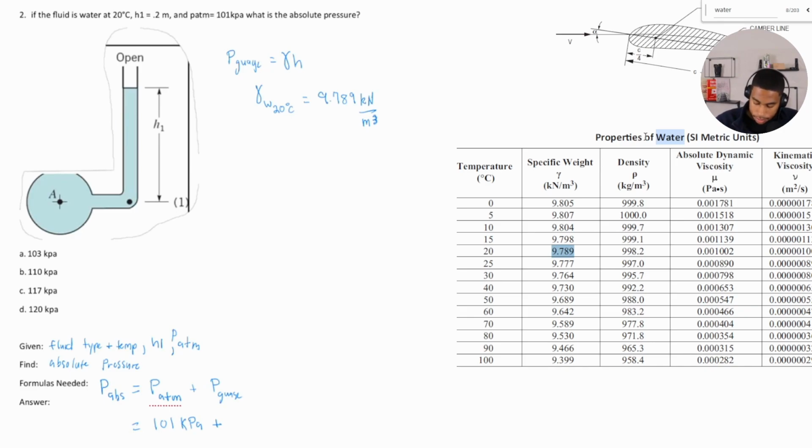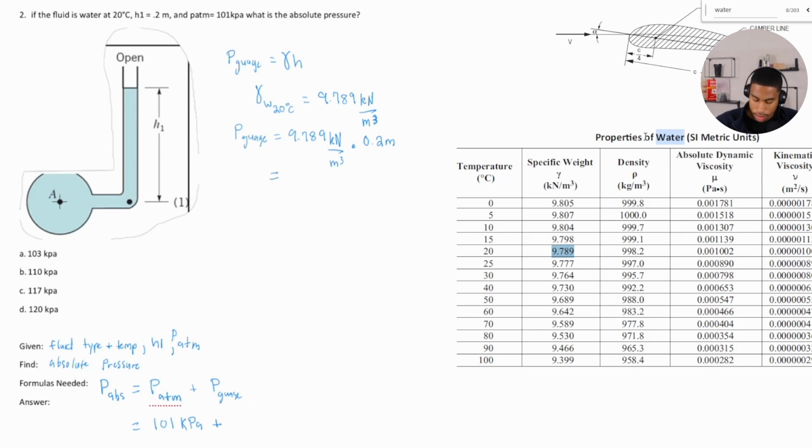So now my pressure of the gauge, writing is a bit atrocious. 9.789 kilonewtons per meter cubed times 0.2 meters.